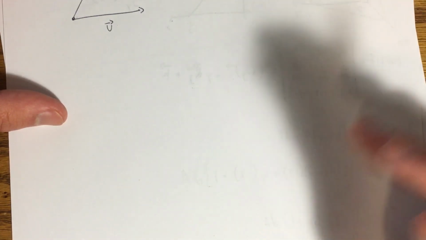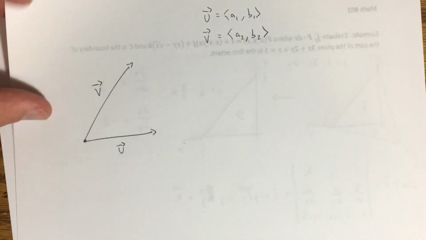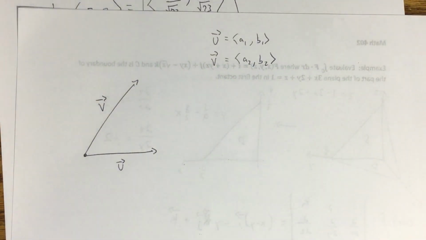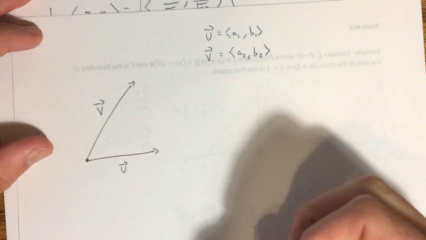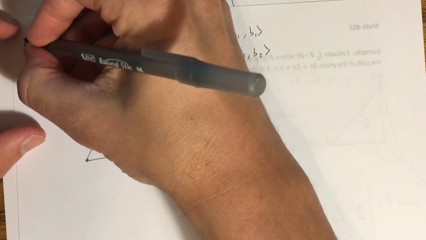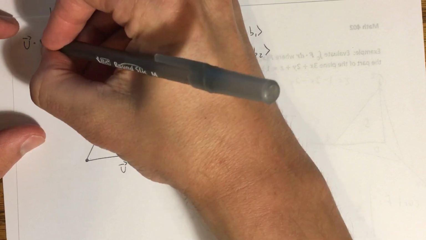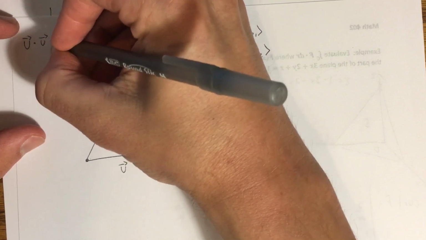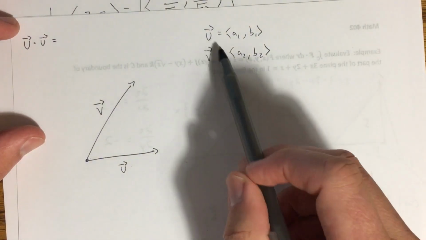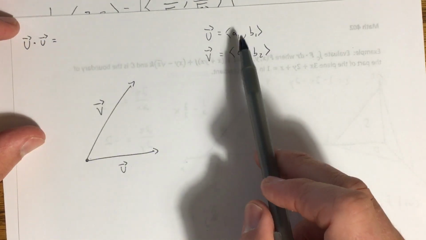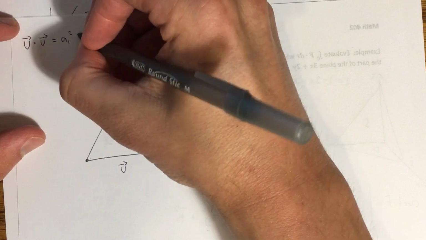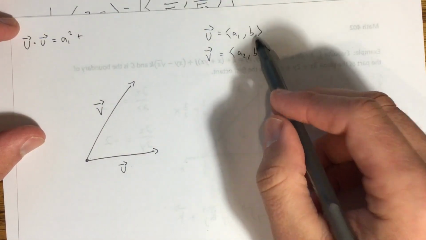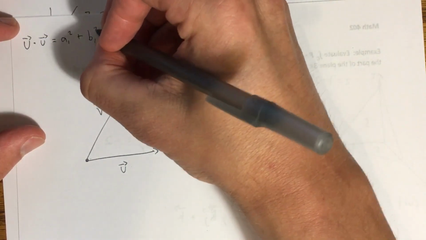Okay? One thing I want to point out is that if we take the dot product of a vector with itself, for example, u dot u, that would be a1 times a1, or a1 squared, plus b1 times b1, or b1 squared.